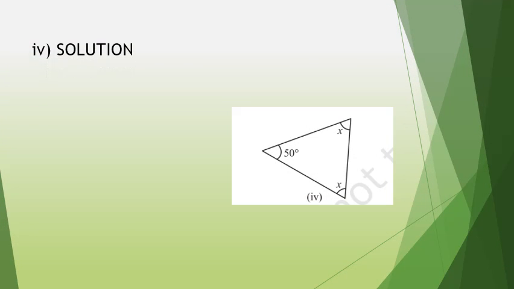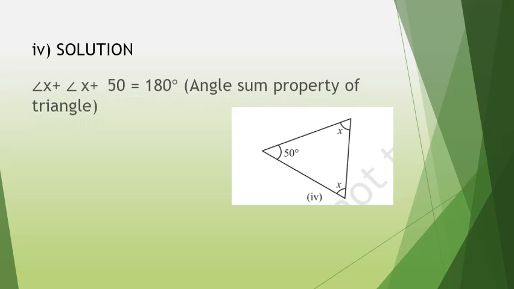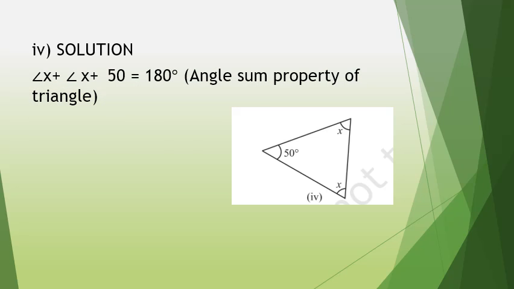Now question number 4. A triangle is given. Two angles are of the same measure, that is x, and the third angle is 50 degrees. So by angle sum property of a triangle, what is angle sum property of a triangle? Yes, the sum of angles of a triangle is 180 degrees.